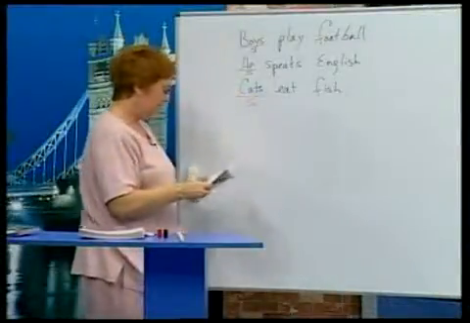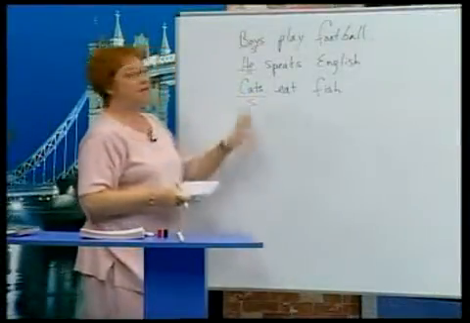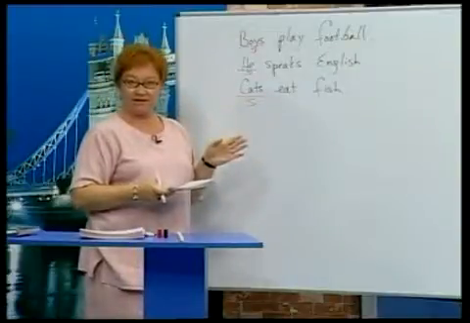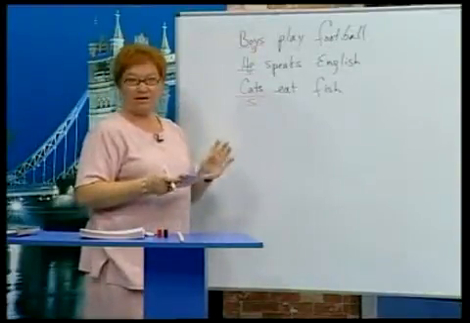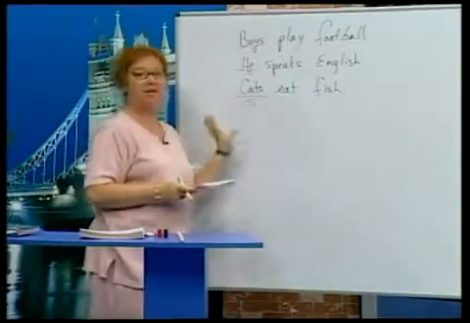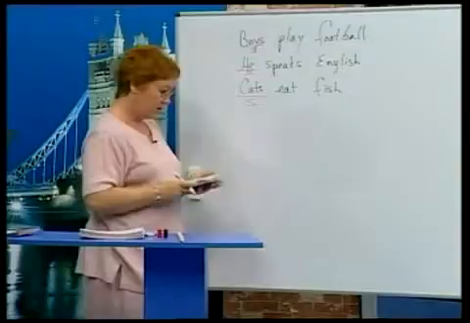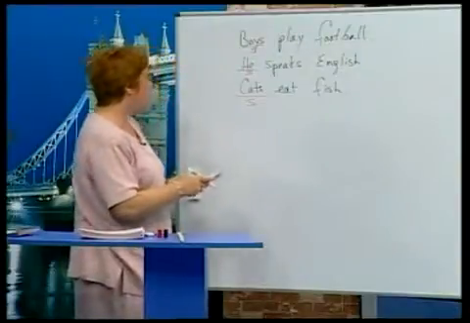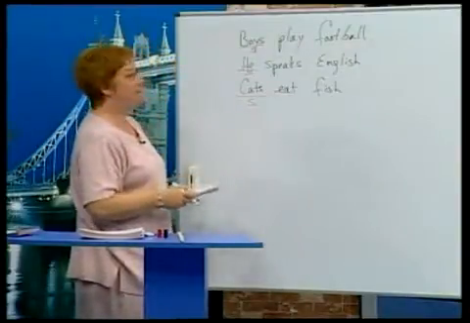All right. Now, we're going to look at the second part of the sentence, which is the verb. Now, remember, usually the verb comes second. Subject, and then the verb. Okay, now look at these again. Ali, what's the verb in the first sentence? The verb is play.